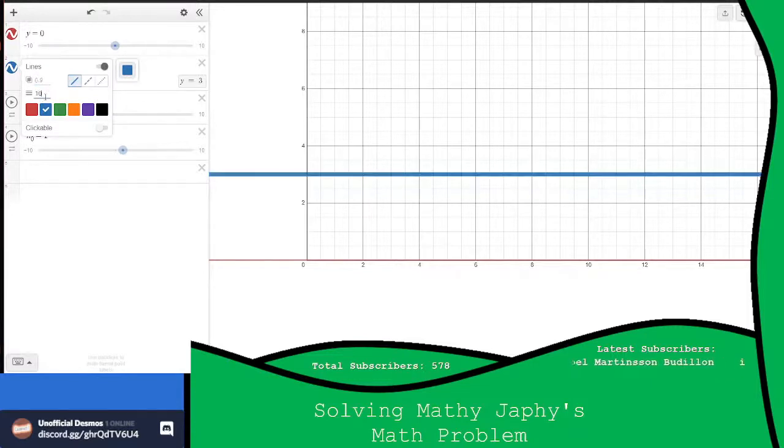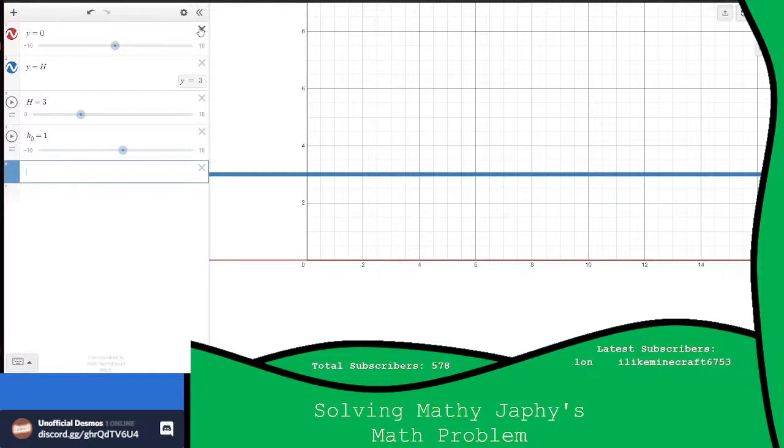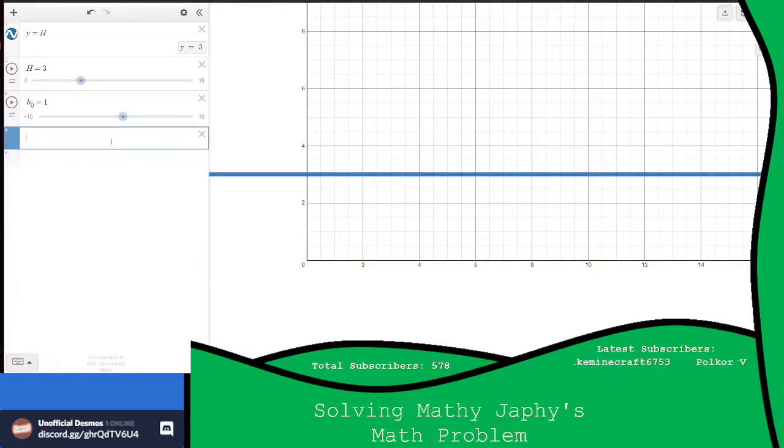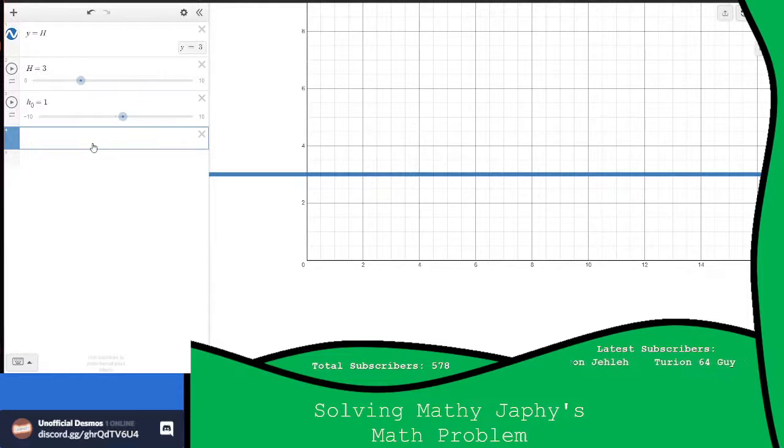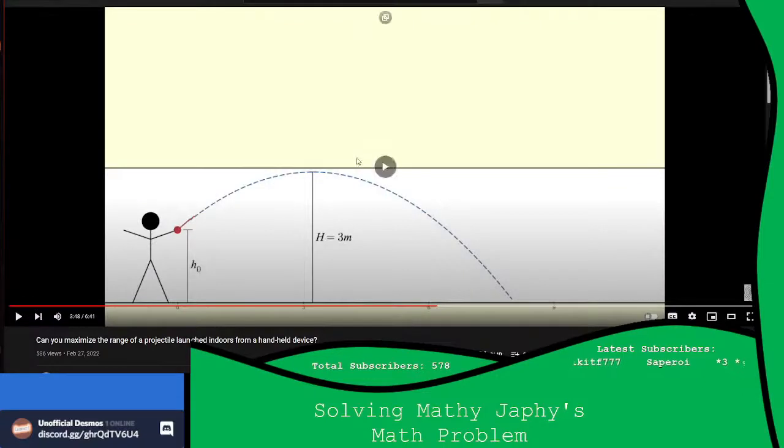Let's make this like time thick. Do I even need this anymore? Nope. Alright, so then, okay. So if we take h naught, which we're just going to graph the point 0, h 0 for reference. So now I can move it up and down.